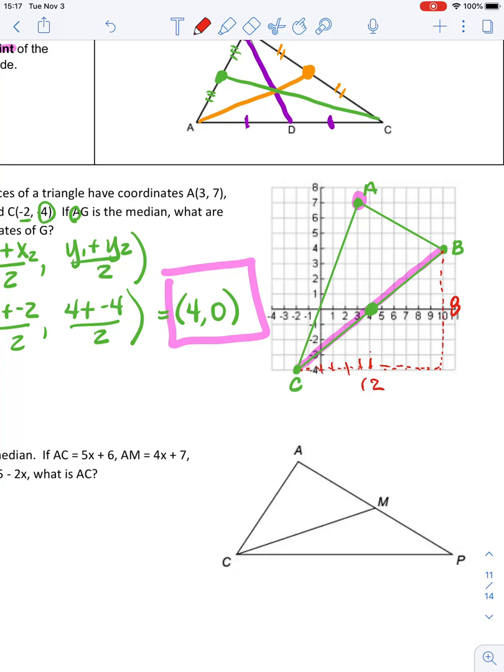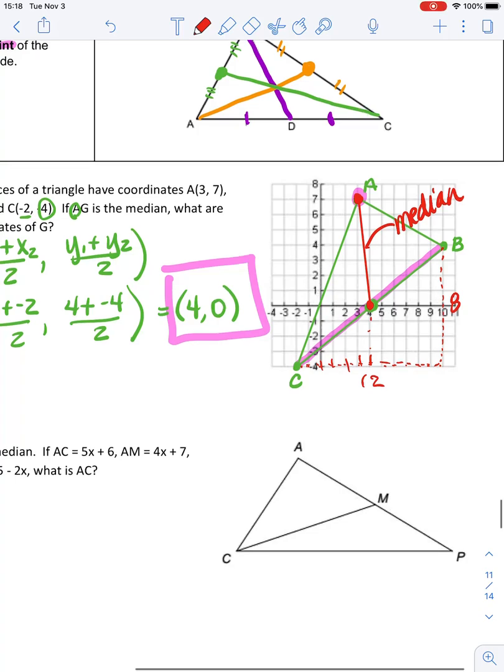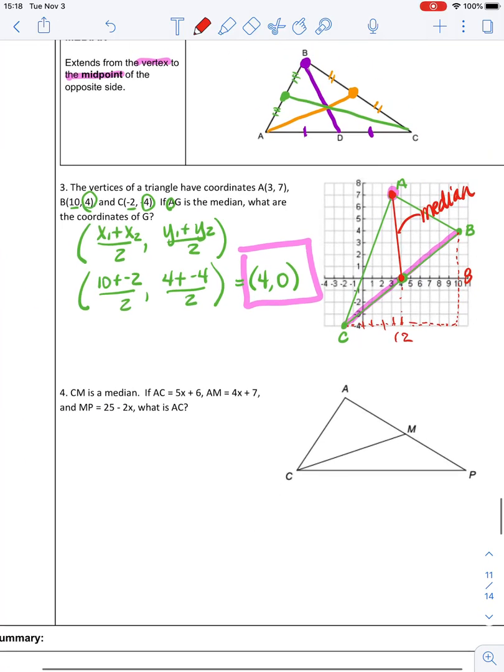And up halfway would be up 4. 1, 2, 3, 4. And I could have found the point that way. So you can either count it on the grid, or you can use the midpoint formula to calculate it. But the really important thing is knowing what the median does. It extends from the vertex to the midpoint of the opposite side. So this is the actual median that we wanted to draw in. But the question asked you to give the midpoint of the side that it's going to go to.